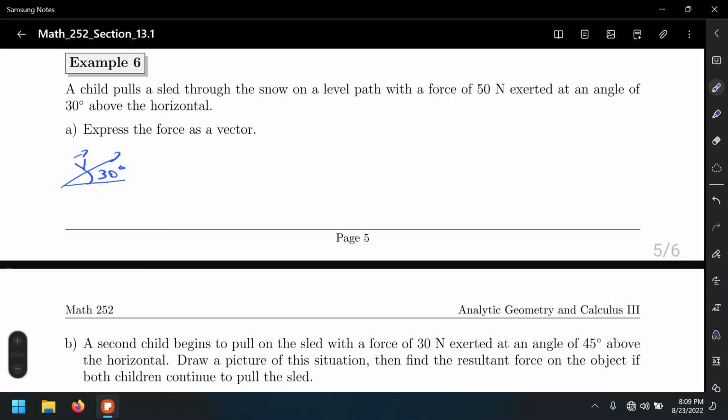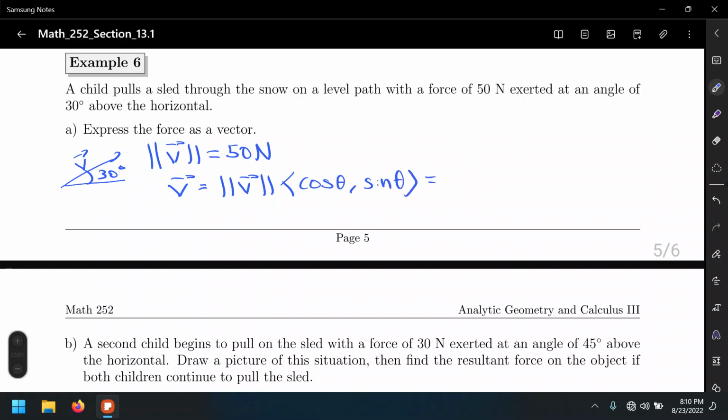The information we're given is that the magnitude of that force is 50 newtons. But now we need to represent this vector in terms of magnitude and direction. So that vector V is the magnitude of the vector times the vector in terms of the direction.